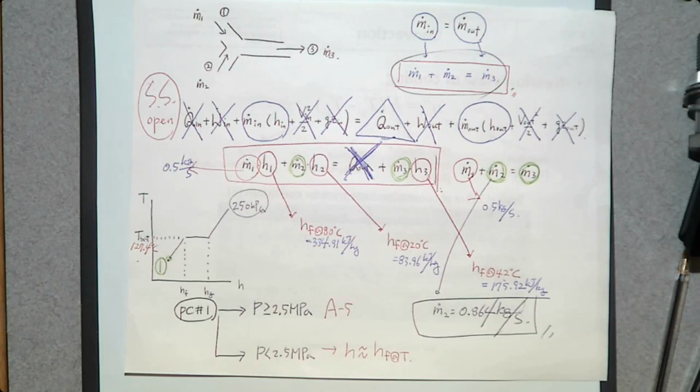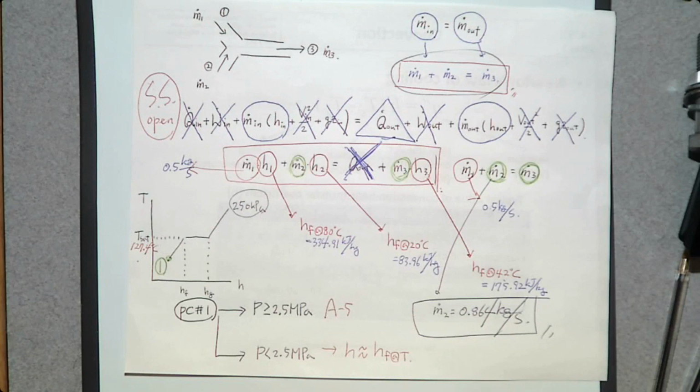In chapter 4, what we did is pretty simple. We first study each thermodynamic device and look at the physics of the thermodynamic device. Based on that, we come up with the mass balance equation and energy balance equation, and by solving these equations, you can find any unknown.